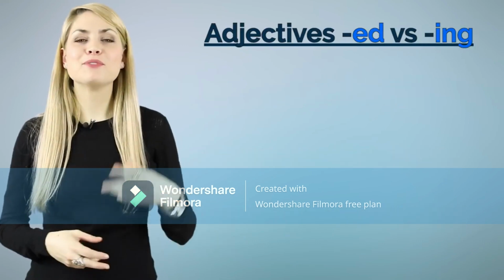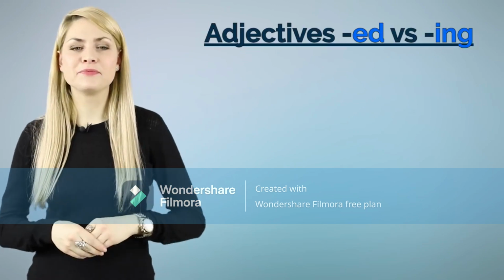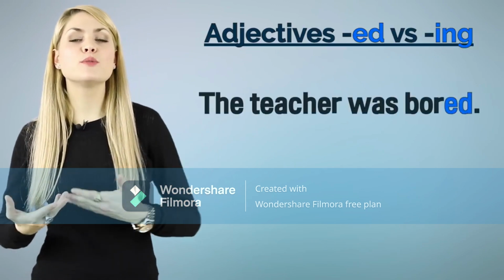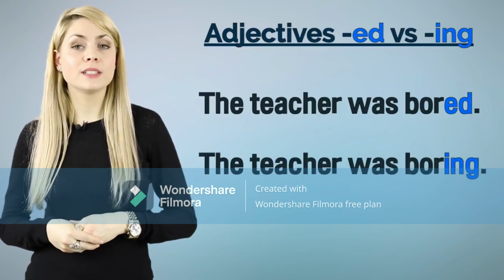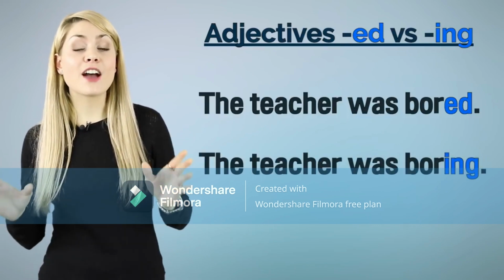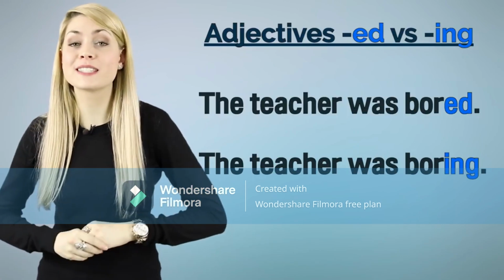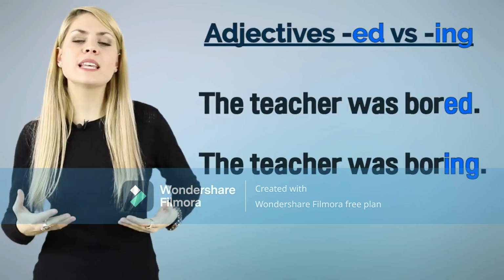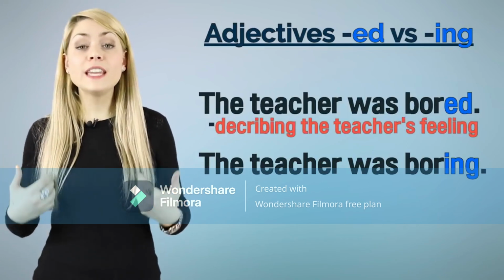Last example, 2 sentences, 2 different meanings. Look at these. The teacher was bored. The teacher was boring. Now, you really have to understand the difference between those two because the meaning is not the same at all. When you say the teacher was bored, you are describing the teacher's feeling.